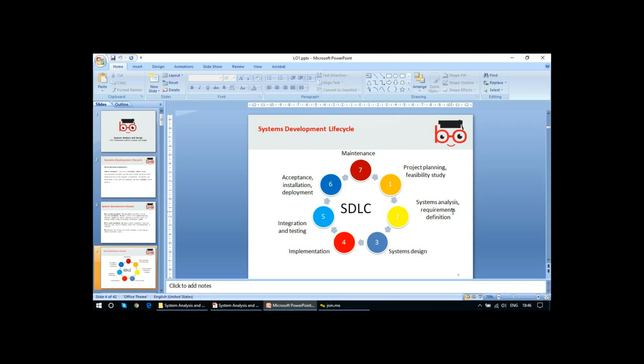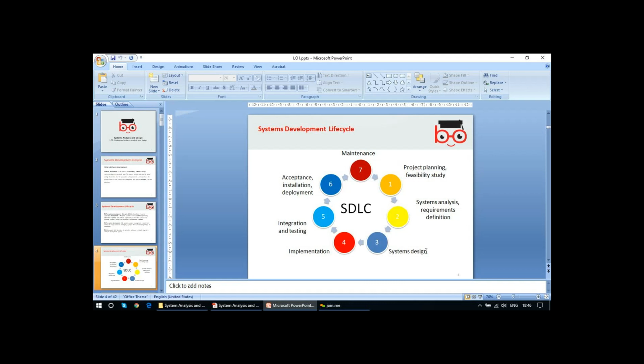So requirement analysis is defined using use cases, and then you write the system design. System design is represented using class diagrams, for example, to represent the entities, association diagrams, activity diagrams, collaboration diagrams.